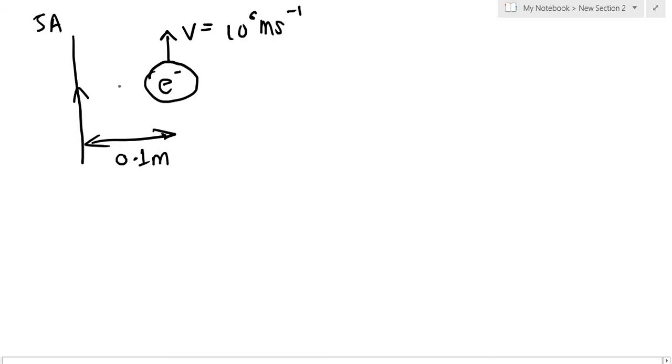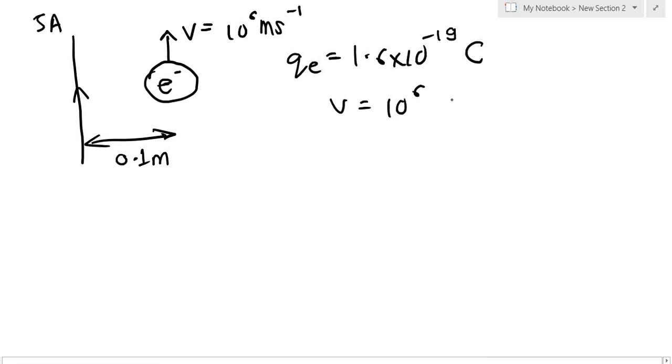They're telling us to find the magnetic force on the electron due to this current-carrying wire, and the direction of the force. We know the charge of the electron is 1.6 times 10 to the power of negative 19 coulombs. Velocity is 10 to the power of 6 meters per second, and we don't know the force.